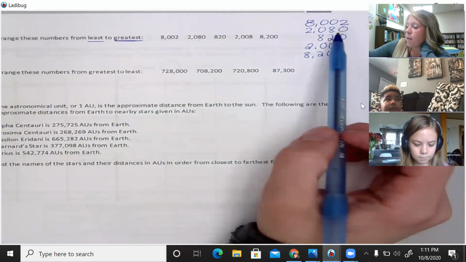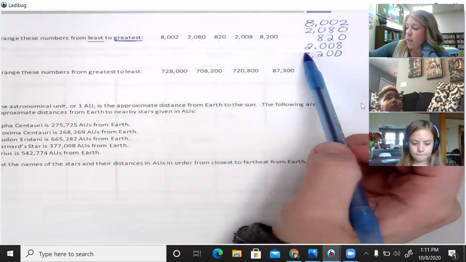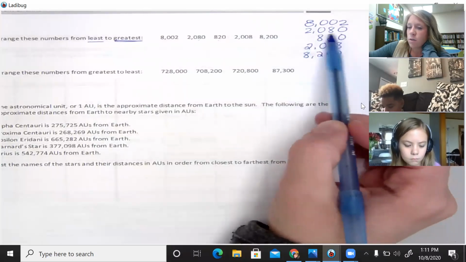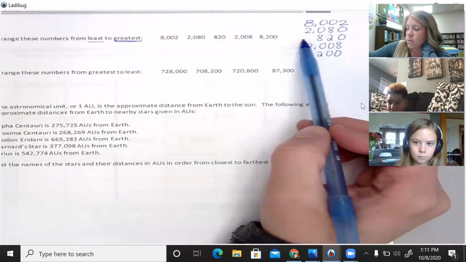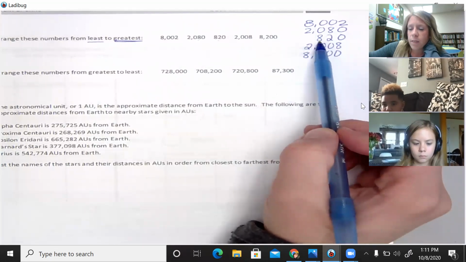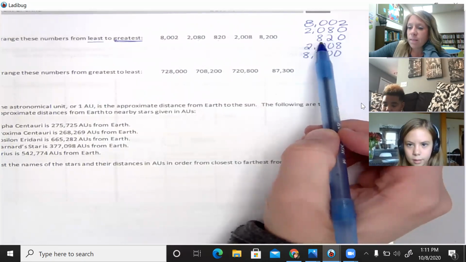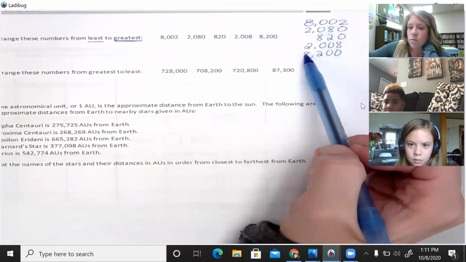So I notice that 4 of my numbers are in the thousands place. And this number right here, what's the biggest place value you see here? We don't have any thousands. So what's the largest place value? This 8. No, we're looking, all of these have thousands.